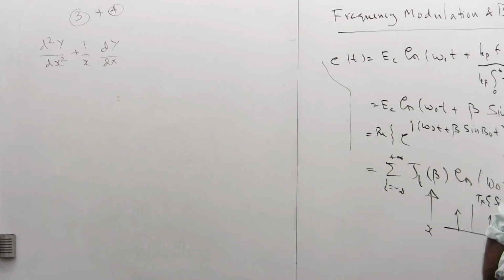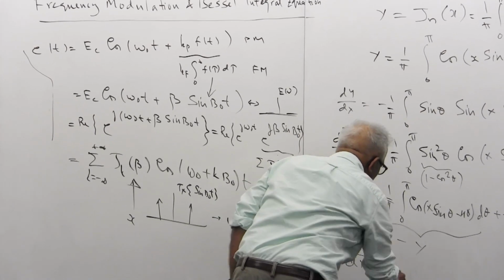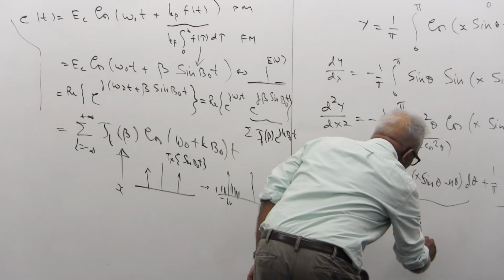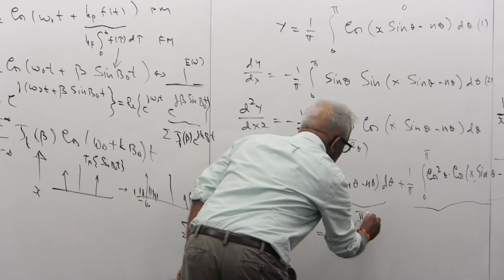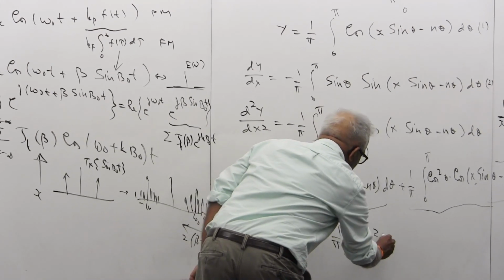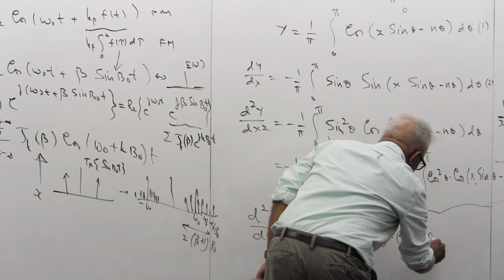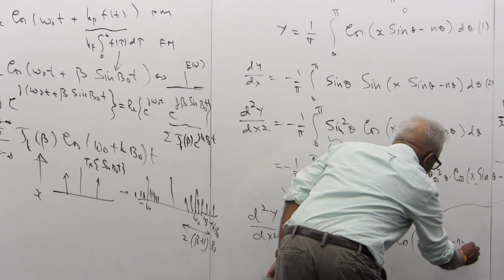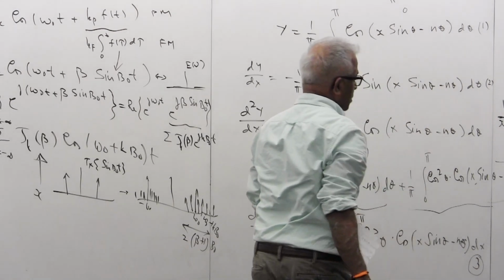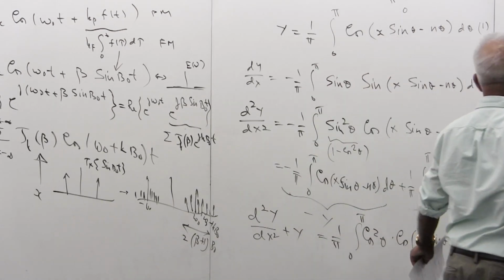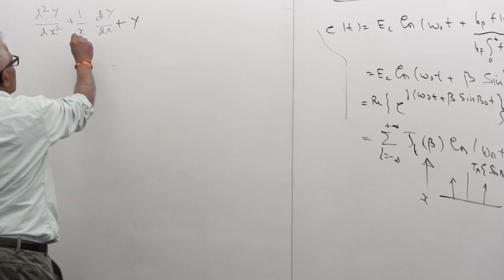In other words, the actual expression is d squared y by dx squared plus y equals 1 over pi integral 0 to pi cos squared theta cos(x sin theta minus n theta) d theta. So this is actually 3. If you add 4, this term will cancel with this.